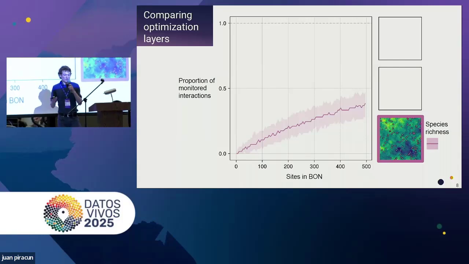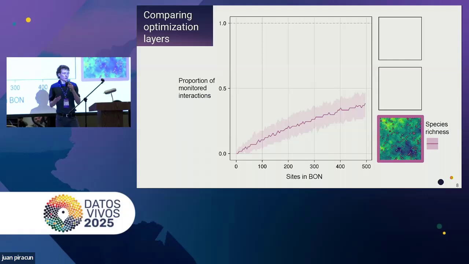And so in terms of the proportion of monitored interactions, this was not the most efficient strategy in our case. Quite possibly because with that, we're targeting locations where the species is not present in this case. But it's not a trivial example, because it's useful to highlight what could be happening with a bigger program.